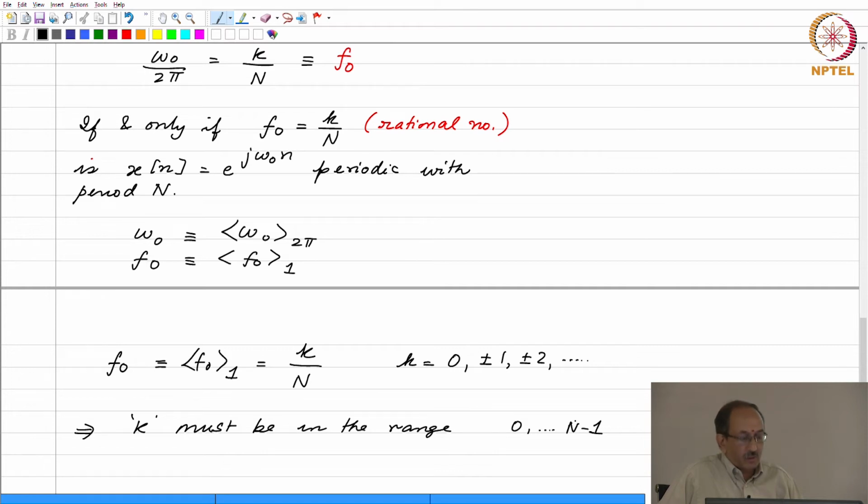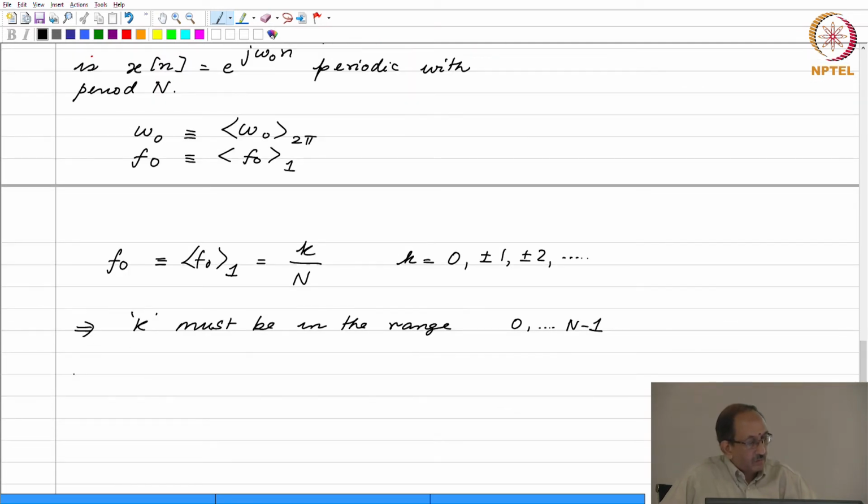Because if k were equal to N, that is the same as k taking the value 0. So this implies that k is really k mod N, all right.